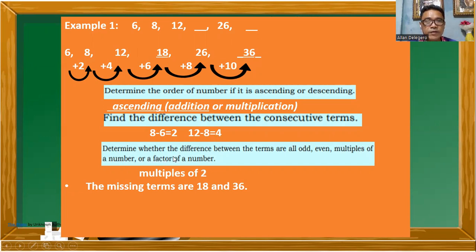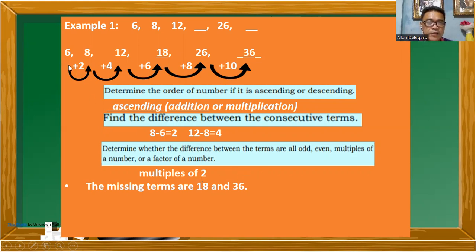Okay, determine whether the differences between the terms are all odd, even, multiples of a number, or a factor of a number. And it is even numbers. Then multiples of 2. So 2, 4, 6, 8.